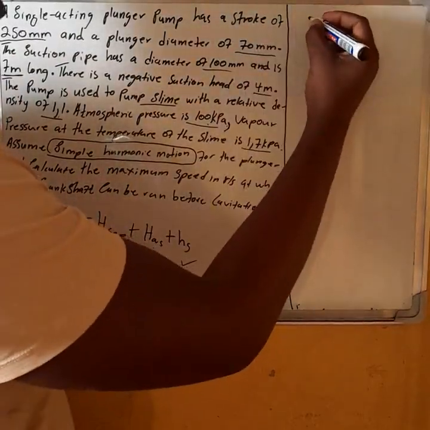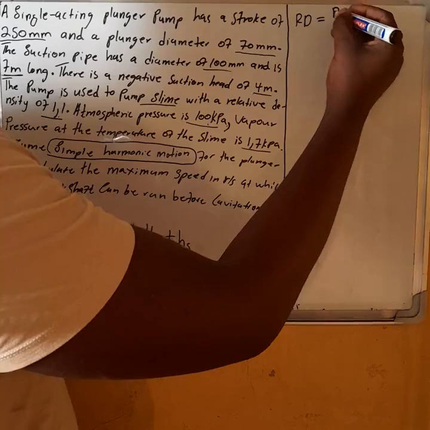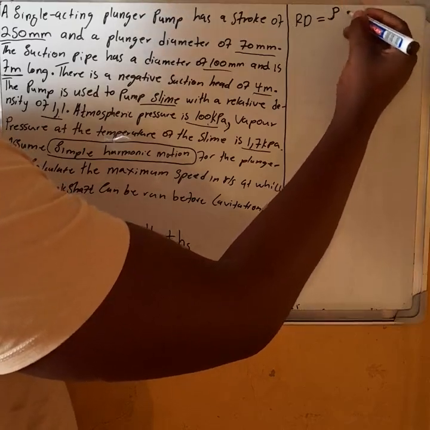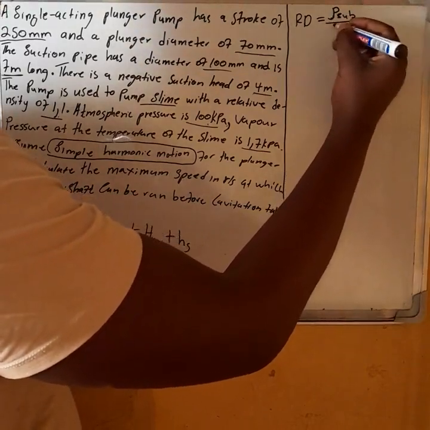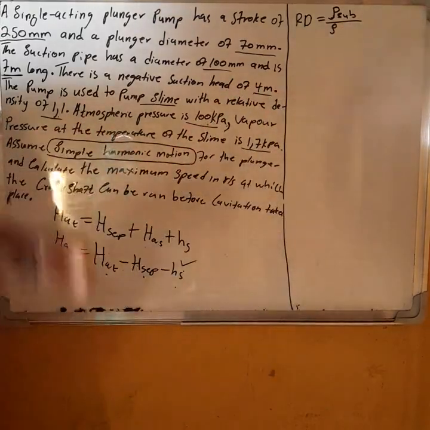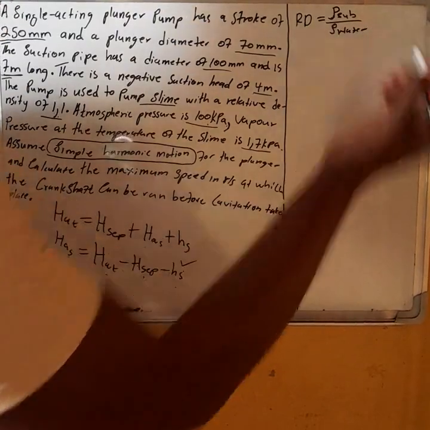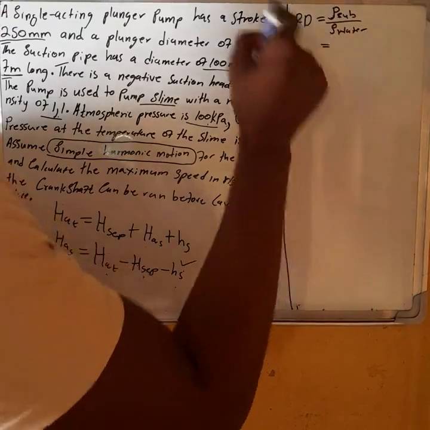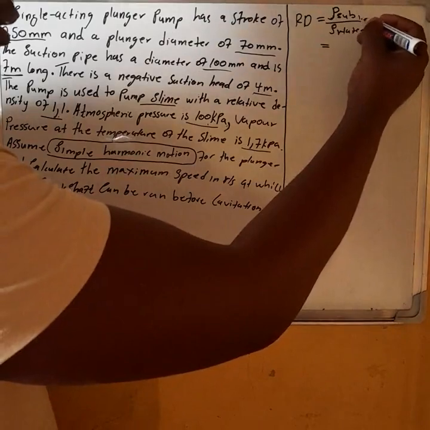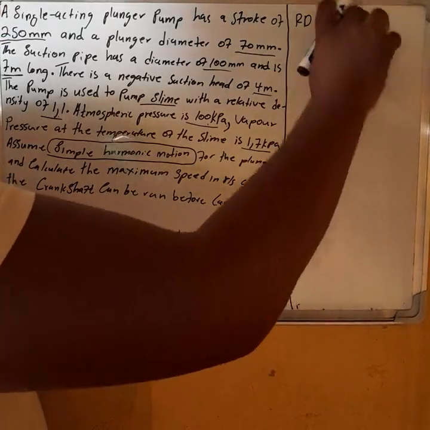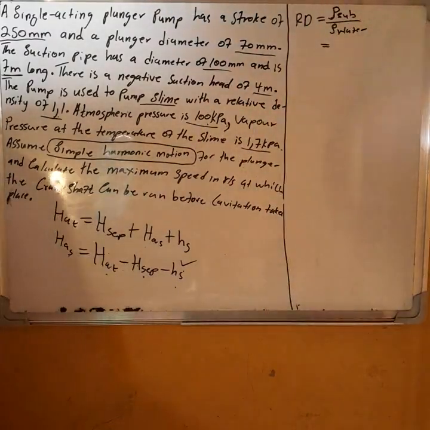Relative density is equal to the density of the substance divided by the standard density of water, always of water. The substance here is lime, and the density of water we know is 1000.